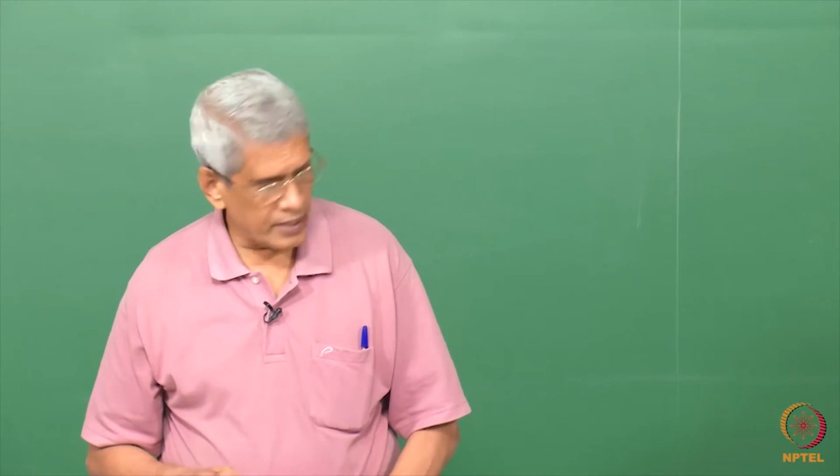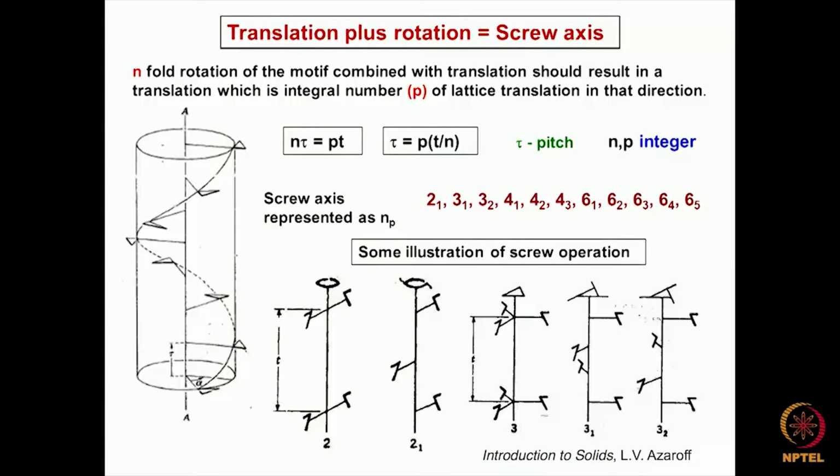So in this slide we can see that if it is just a mirror, for 2-fold, we can see a 7 which is getting just reflected. This is how the motifs will be kept at different lattice points.